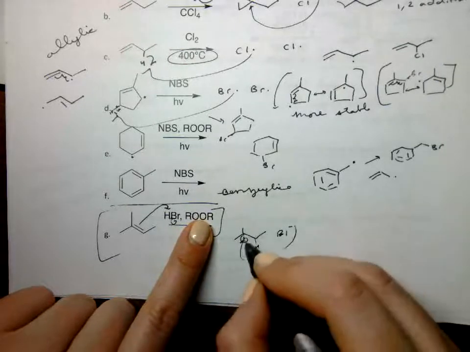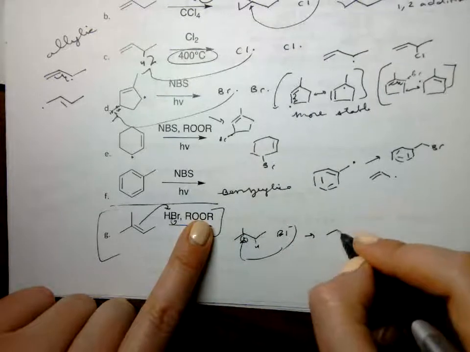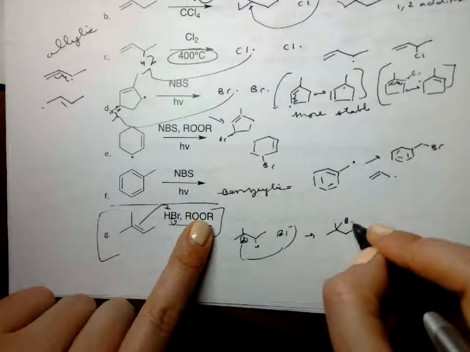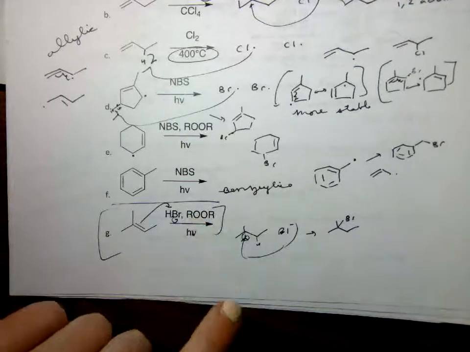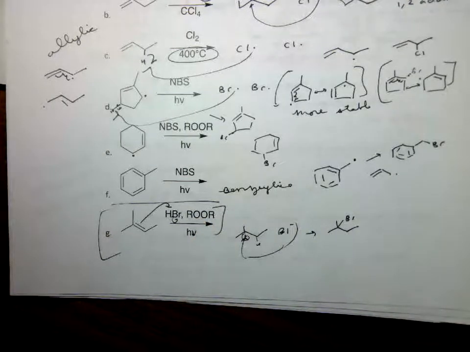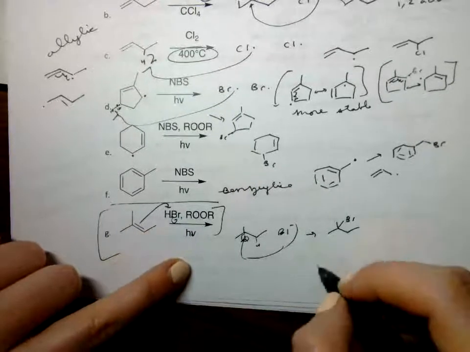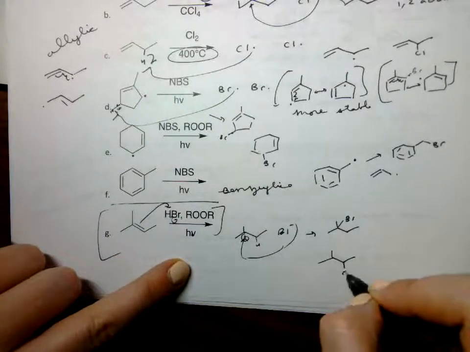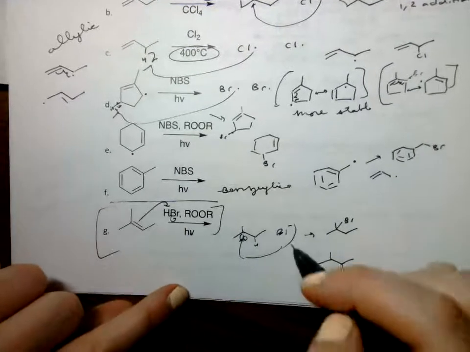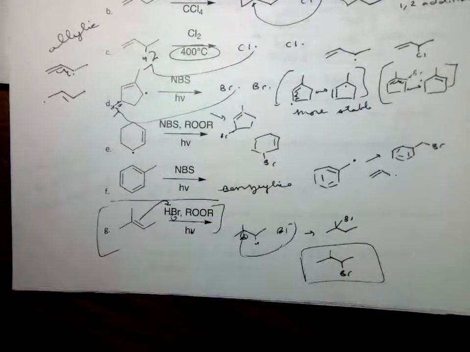And then the Br minus comes in and attacks, and you get a Markovnikov addition of bromine across a double bond, right? Well, if you have a radical and an initiator, you actually just get the opposite. You get an anti-Markovnikov addition of bromine and hydrogen.